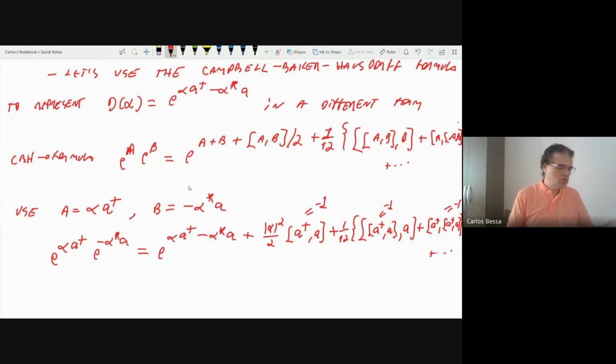So using this here, we can write the exponential of alpha A dagger minus alpha conjugate A. We will have just like this first term, exponential of alpha A dagger, exponential of minus alpha conjugate A. And this term here is just a number, exponential of minus 1 over 2 alpha conjugate alpha.